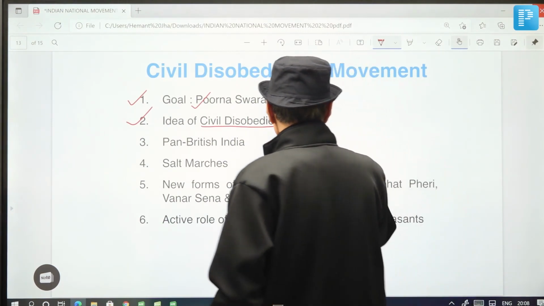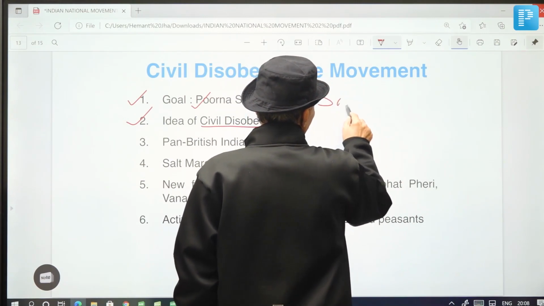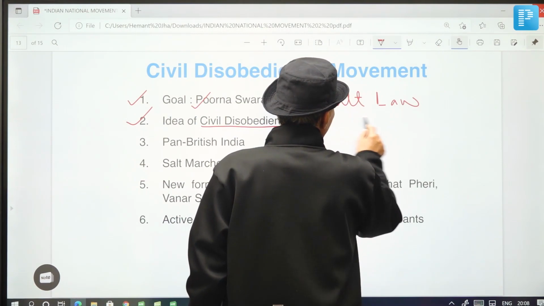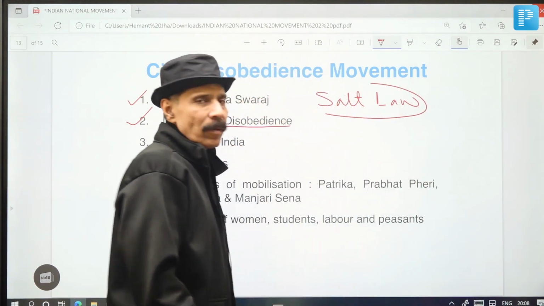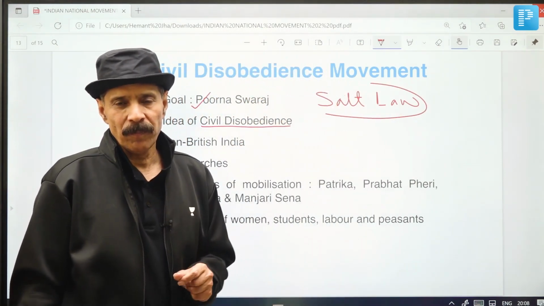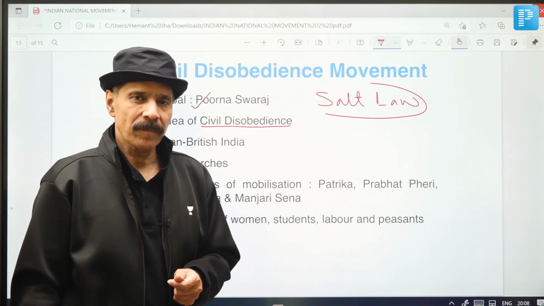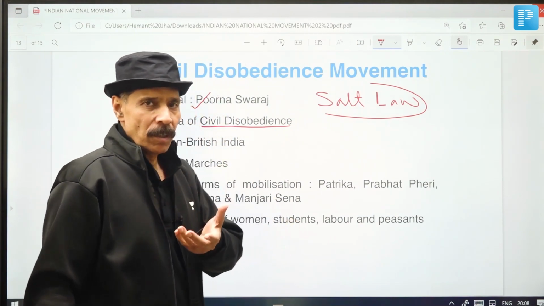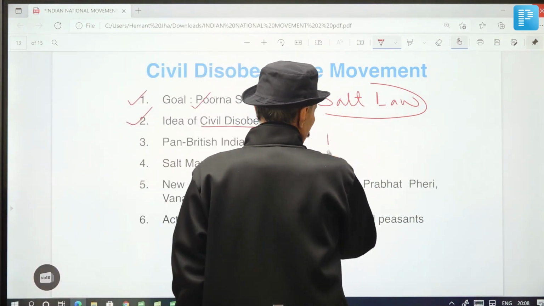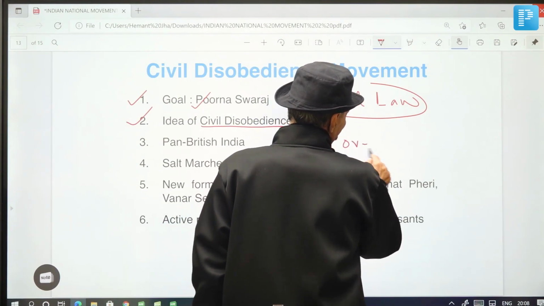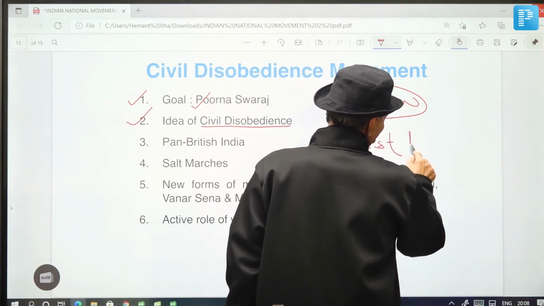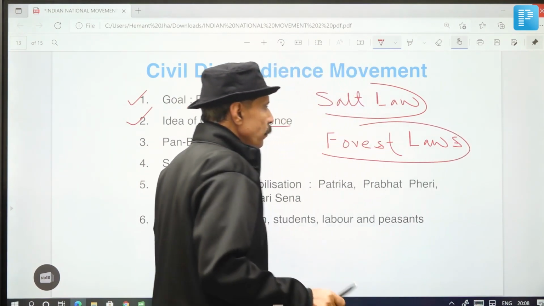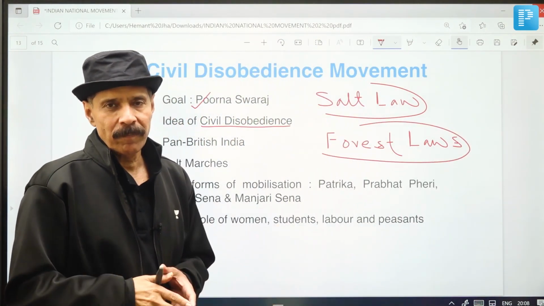Disobedience of salt law was the central issue. In the areas where violation of salt law was not possible, other laws, like forest laws, were violated. So in many parts of India, like central India, forest laws were violated.